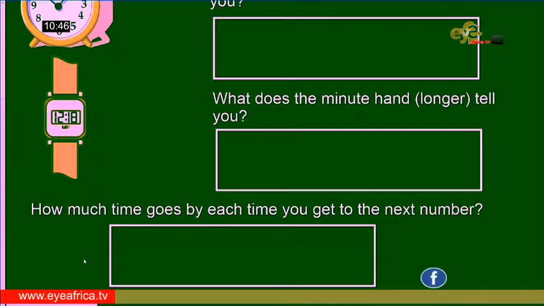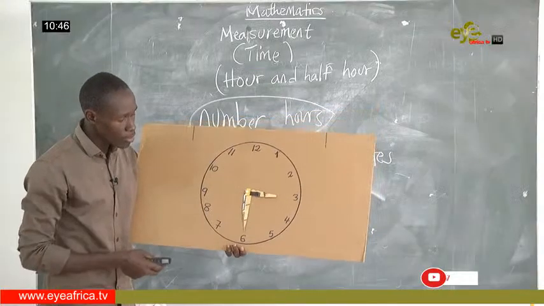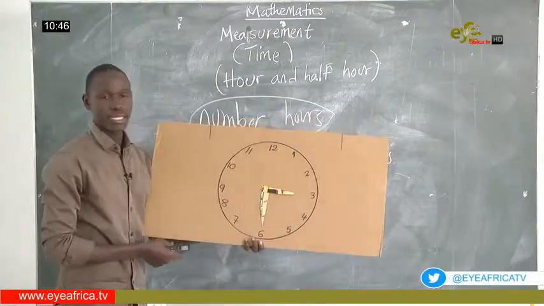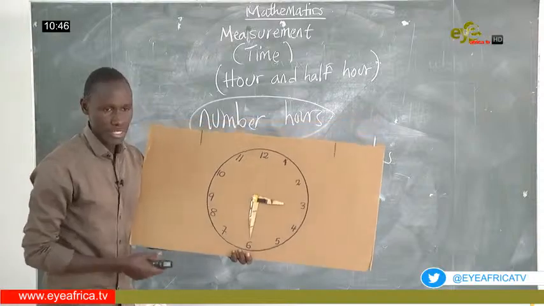After we have discussed the hour hand, we also discussed the minute hand. In the clock face here, we have two hands: the short hand shows us the number of hours, and the longer hand shows us the number of minutes.